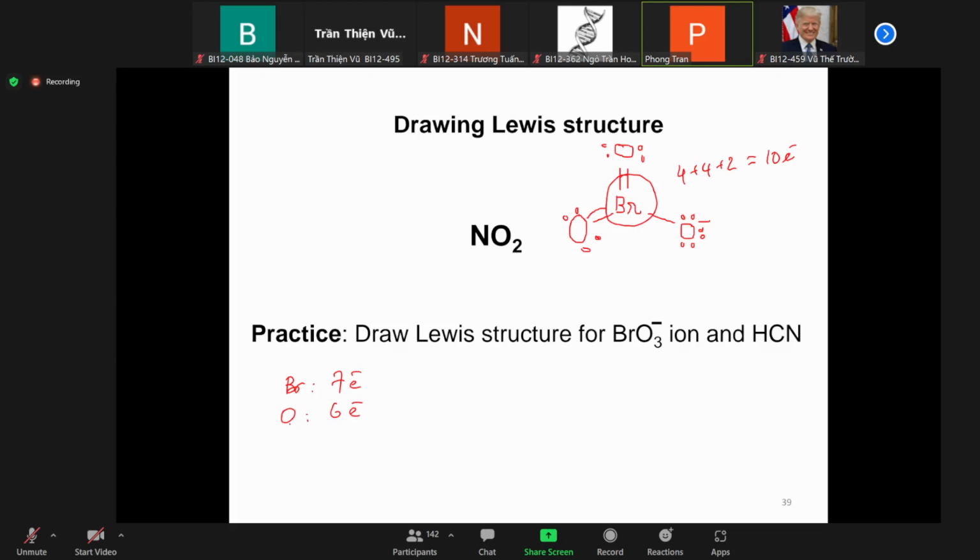So BrO3 will have 7 plus 3 times 6, and then because it's minus, you plus 1, equal to 18 plus 8 equal to 24. Is it correct? It's 26. Oh, sorry. Sorry for that.